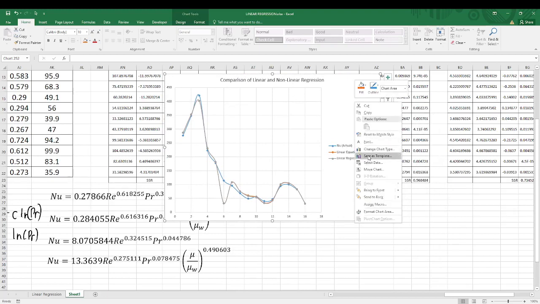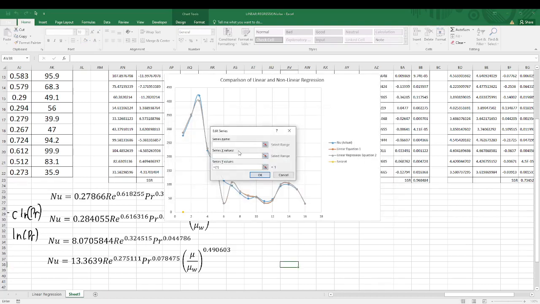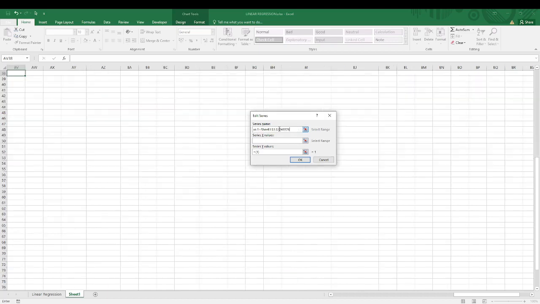all of the resulting solutions. So nonlinear regression, equation 1.